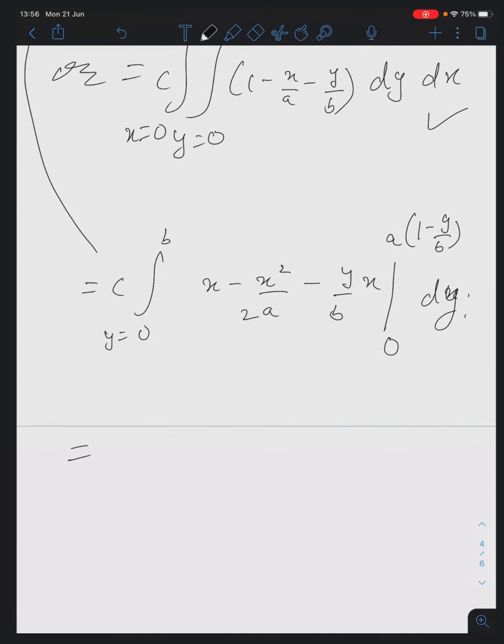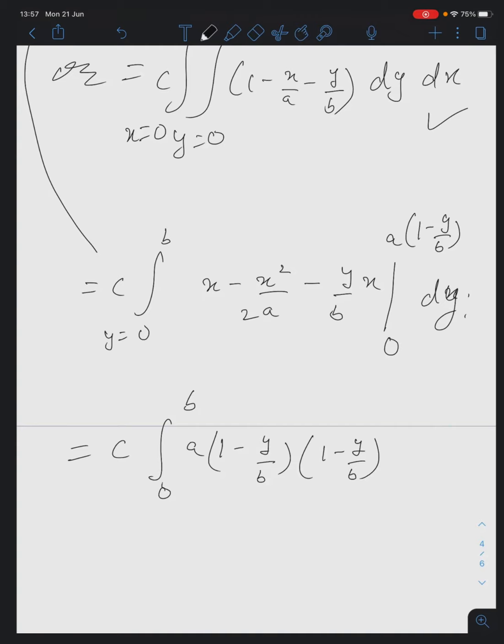For lower limit, all will be 0. For upper limit, you will get c, integral 0 to b. 1 minus y by b, I can write common. I will have a into 1 minus y by b as the upper limit.